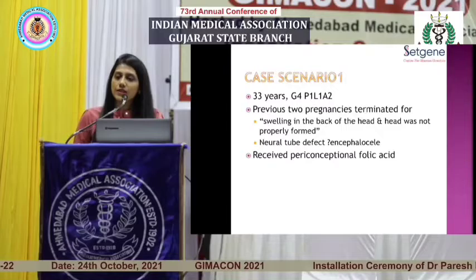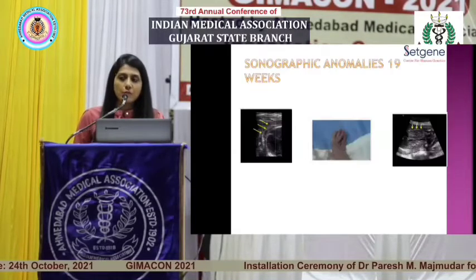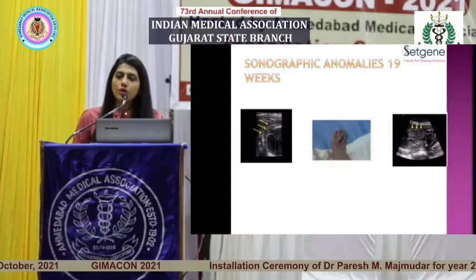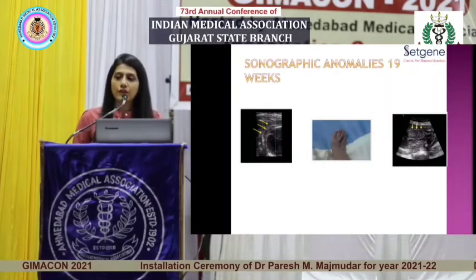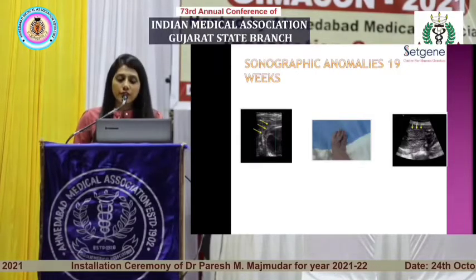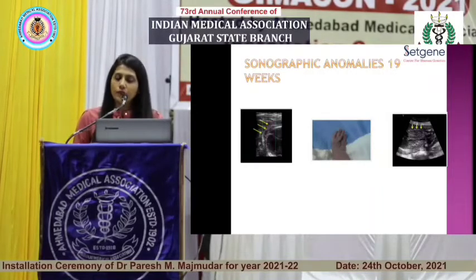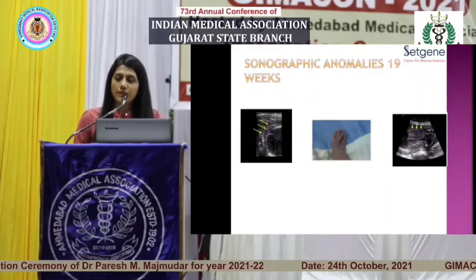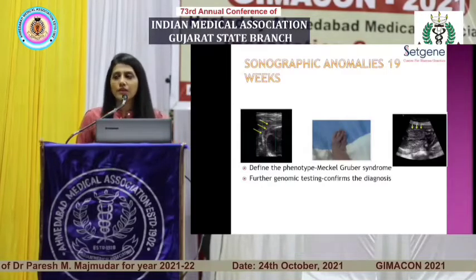In the detailed investigations, what we found is, apart from occipital encephalocele, there is also a polycystic kidney, and one more thing, one extra finger, that is, postaxial polydactyly. Together, that defines the phenotype of Meckel-Gruber syndrome, and we confirmed this by genomic testing. It is an autosomal recessive condition, and there is a 25% recurrence risk.